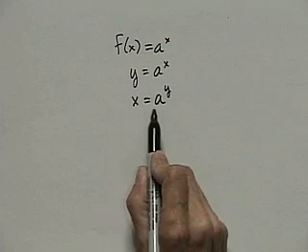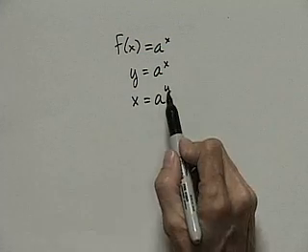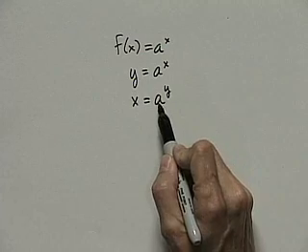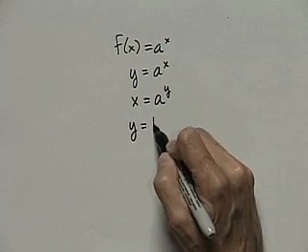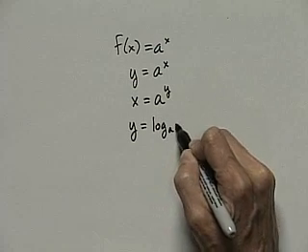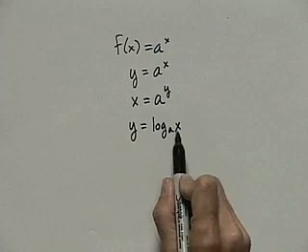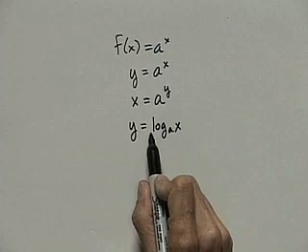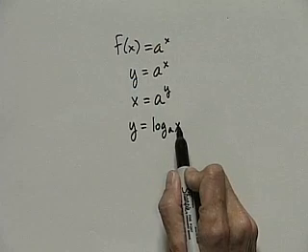And now, to solve for y, I need a function that will represent the fact that y is the exponent on a that gives me x. And that function is written log base a of x. Again, I want to indicate that this means that y is the exponent on a that will result in x.